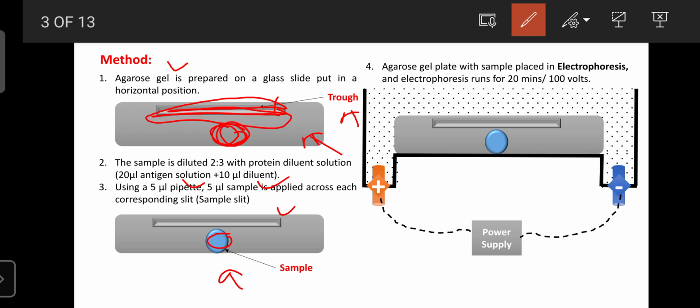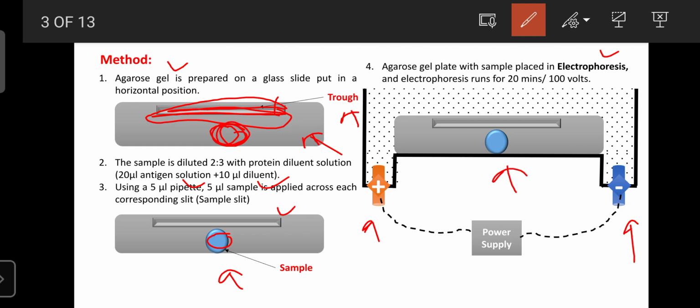Then the agarose gel plate with the sample is placed in the electrophoresis unit. The electrophoresis unit has two sides, one is the positive electrode and the other is the negative electrode, and the plate is placed here with the sample.